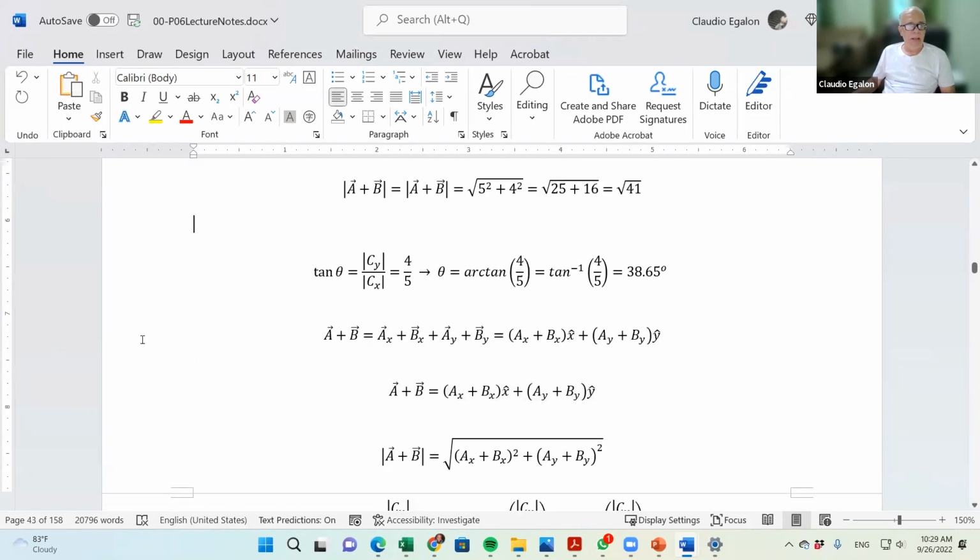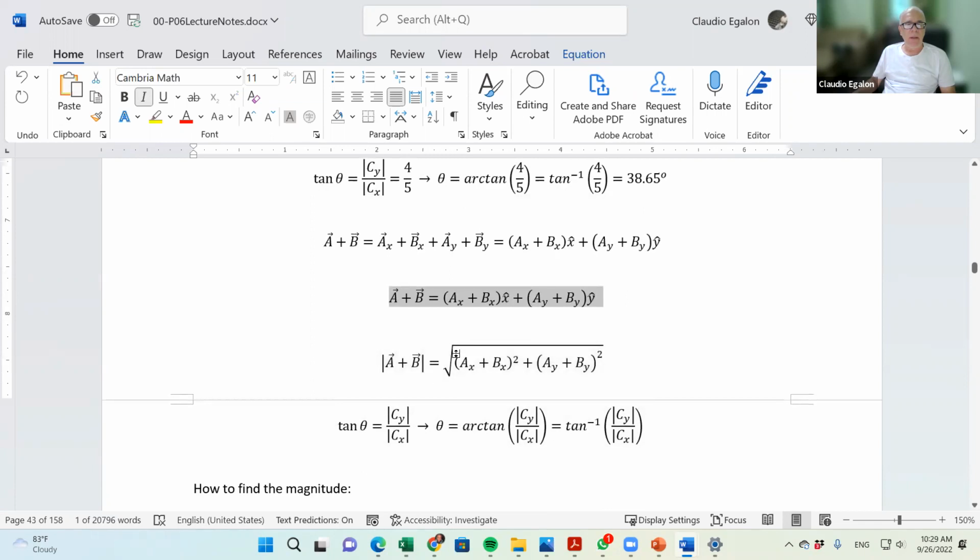Okay, that's the generic equation that I did for you. Here you go. A plus b can be broken down as the sum of the x components plus the sum of the y components.